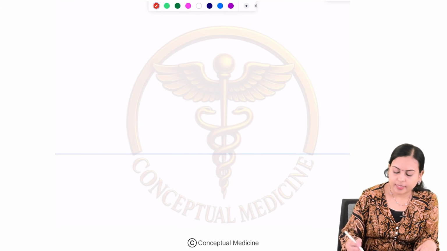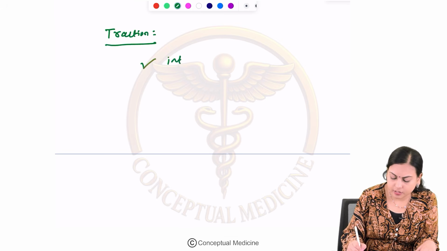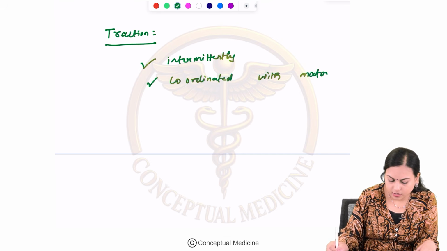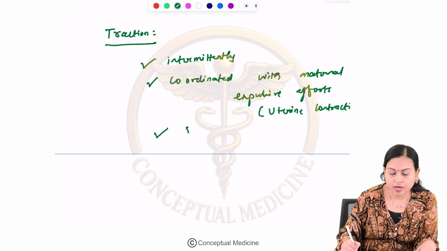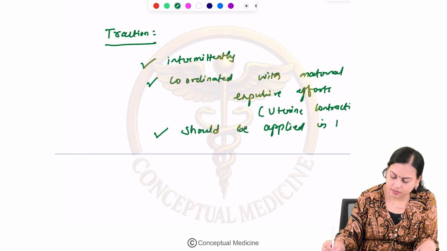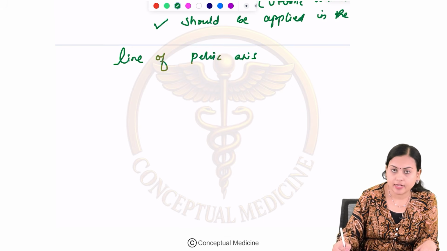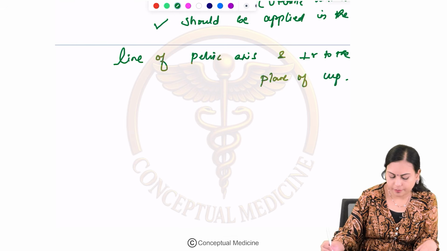Clear? And while giving traction, you have to remember the traction should be given intermittently and it should be coordinated with maternal expulsive efforts as well as her uterine contractions, and then traction should be applied in the line of pelvis, pelvic axis, and it should be perpendicular to the plane of cup.